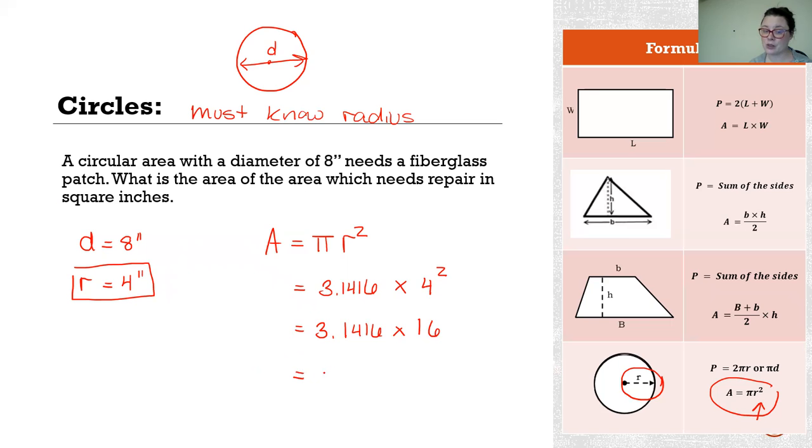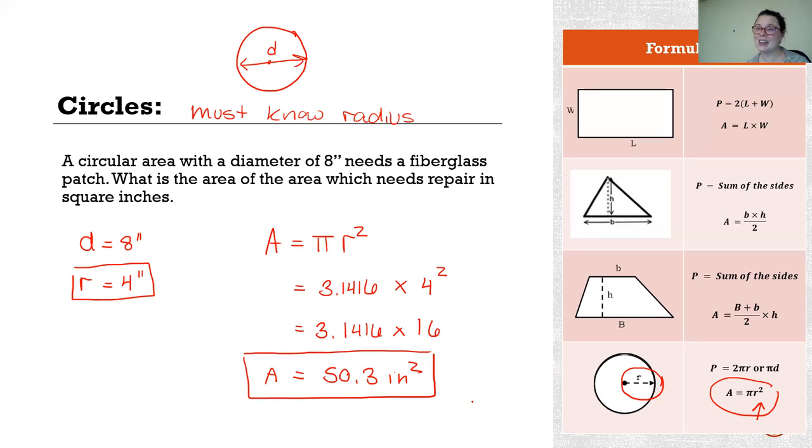And if we multiply those two together, we get 50.3 inches squared. Now, if you were buying a patch kit, it would be important to know, does the kit cover the area that you need to patch? I don't know what you might be doing a patch for, but sometimes those are things that happen to come into play.